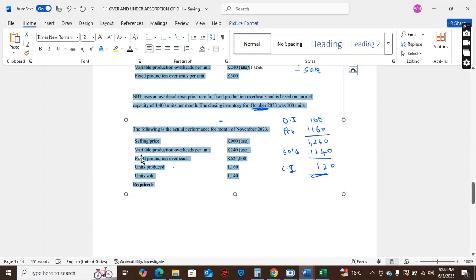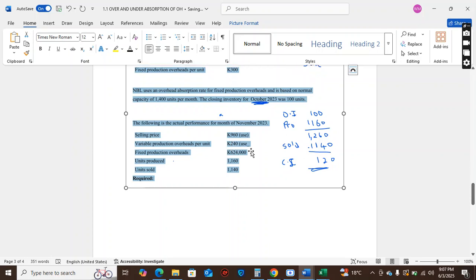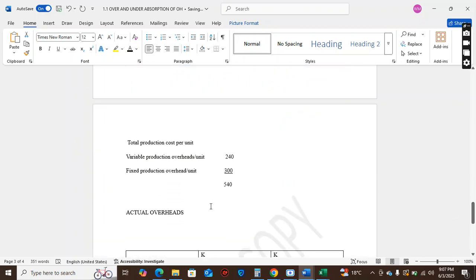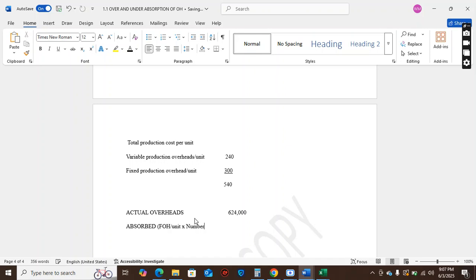Our actual fixed production overheads are 624,000. Then our absorbed overheads is just your fixed overhead cost per unit multiplied by the number of units produced, since we're absorbing the fixed cost with the number of units produced.